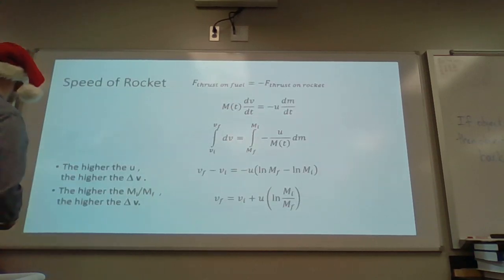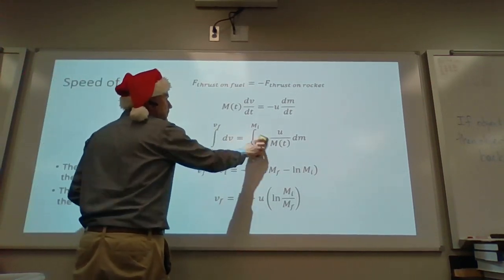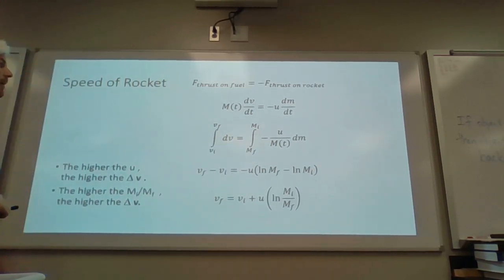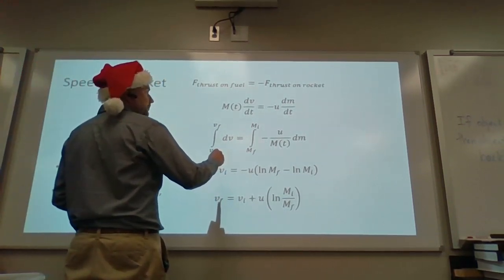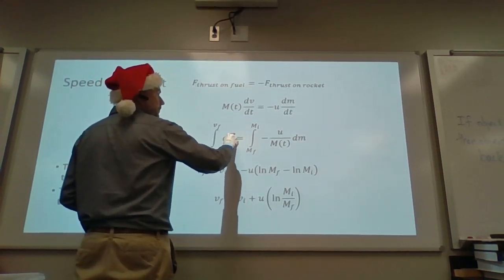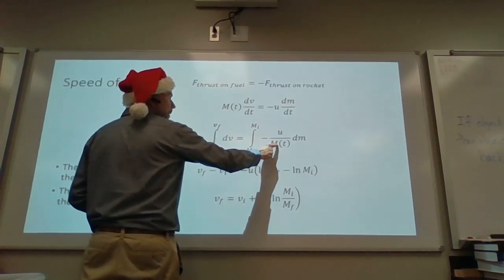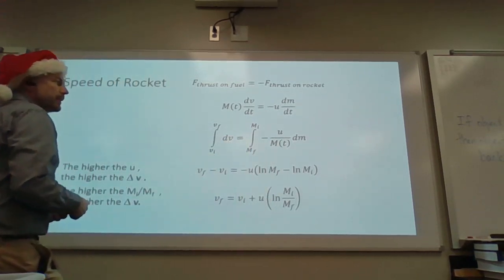To find the speed of the rocket, we're going to do the separation of variables thing like we did with the air resistance. I brought M over here and got rid of the delta t's.